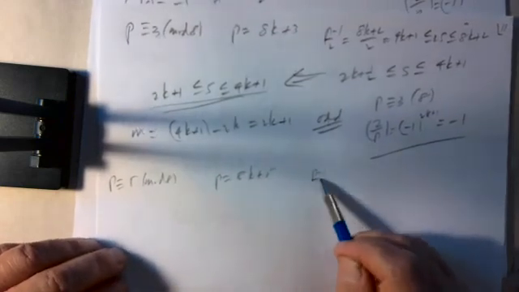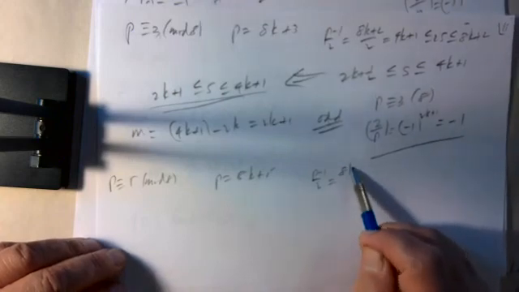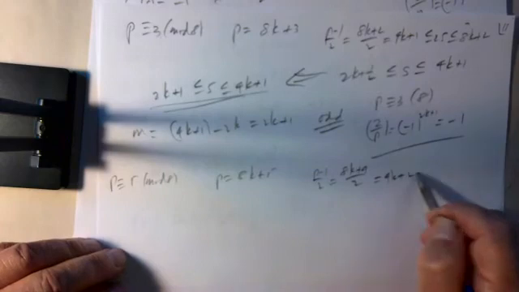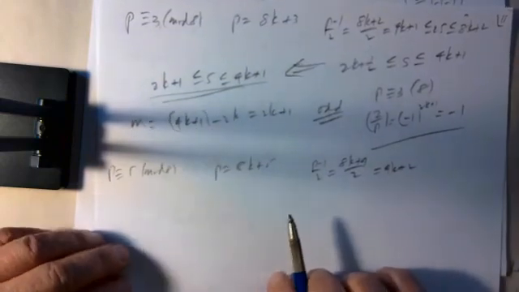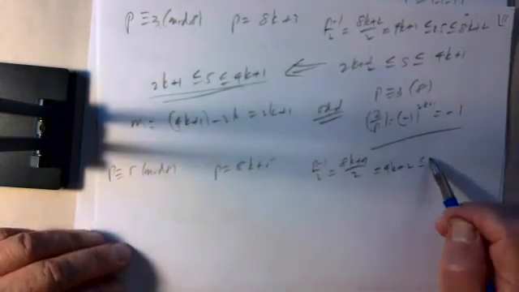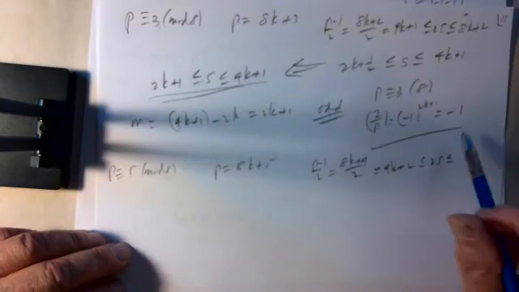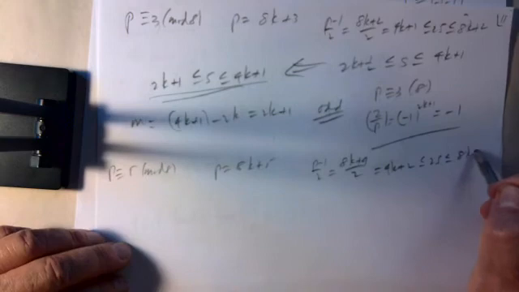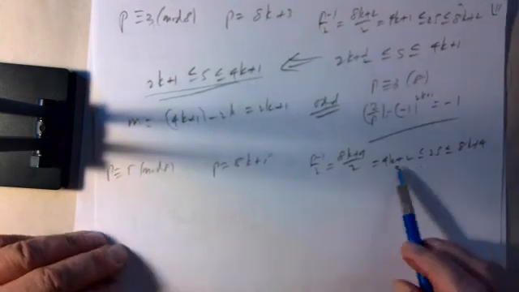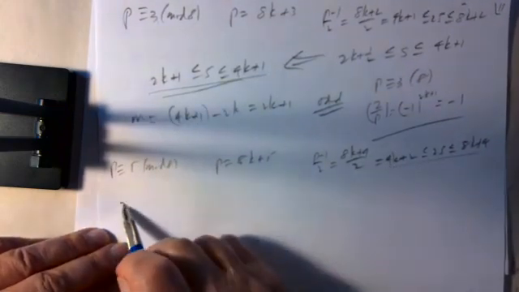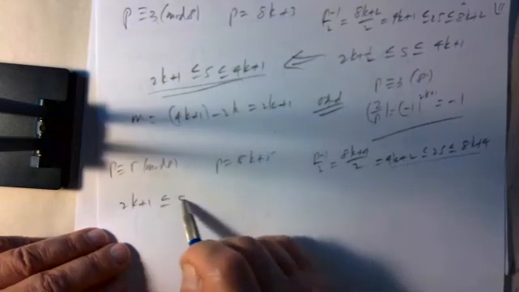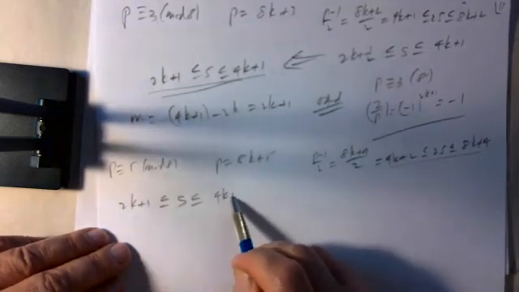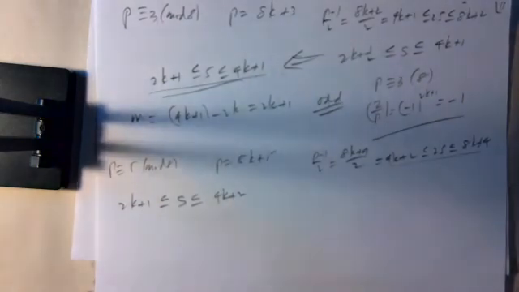So P minus 1 is 8K plus 4, and (P plus 1)/2 is (8K plus 6)/2, which is 4K plus 3, less than or equal to 2S, less than or equal to P minus 1, which is 8K plus 4. So if I divide by 2, 2K plus 1 less than or equal to S, less than or equal to 4K plus 2.